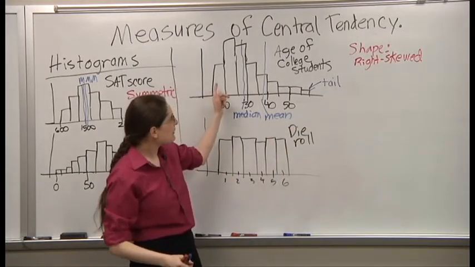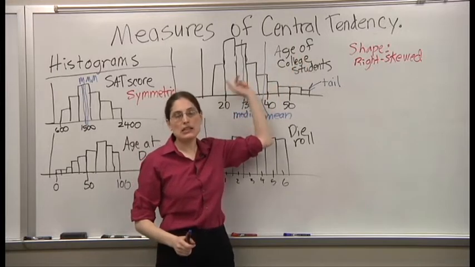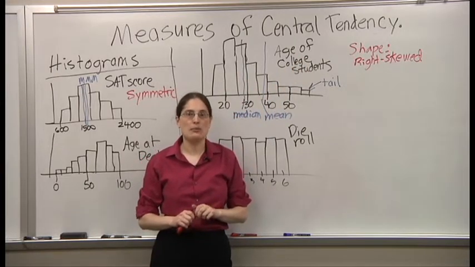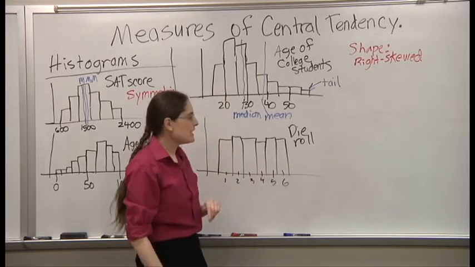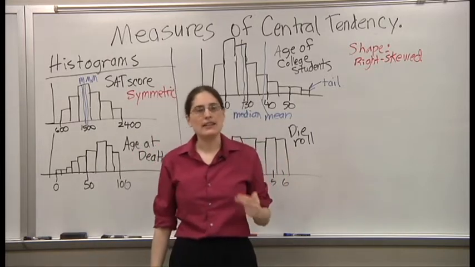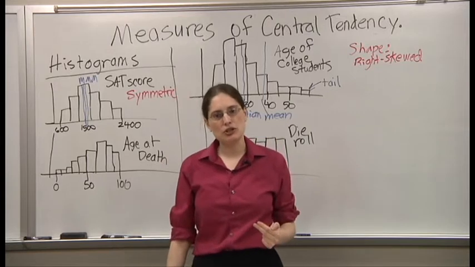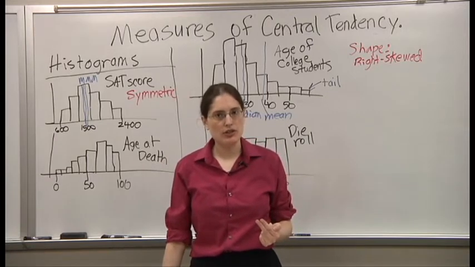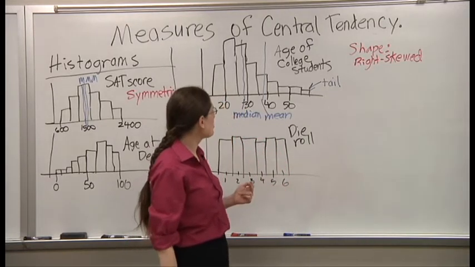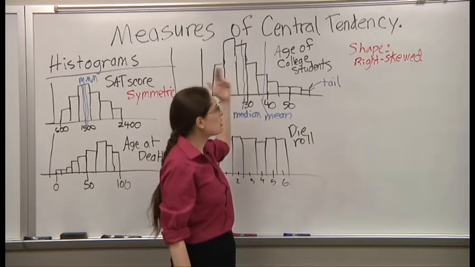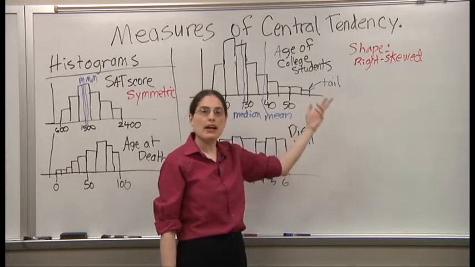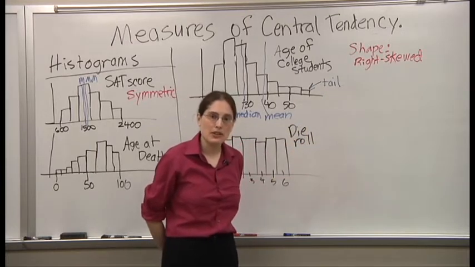It's not symmetric, so the mean and the median are no longer on top of one another. The median score would find the age of a typical student at Essex County College. The mean age is if you add up all of them and divide by the number of people in the college.